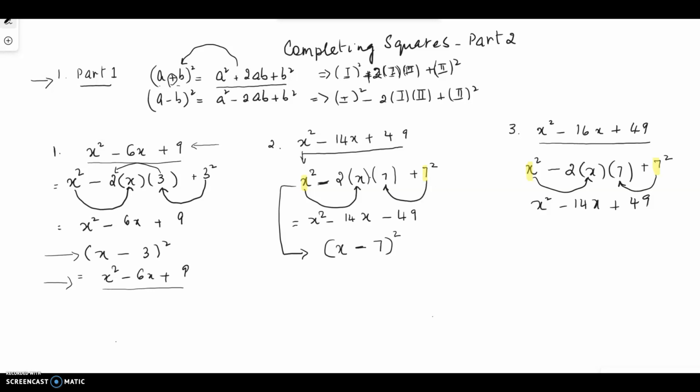It looked like it was going to be a perfect square, but the middle term would have to be negative 14x for it to be a perfect square. In that case, it would be x minus 7 the whole squared. But look at the term that we have here. The expression contains a negative 16x, which means this expression is not a perfect square.